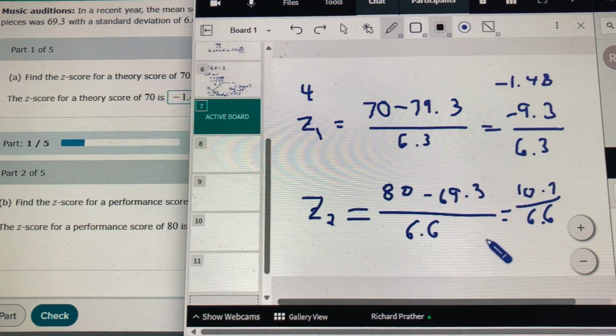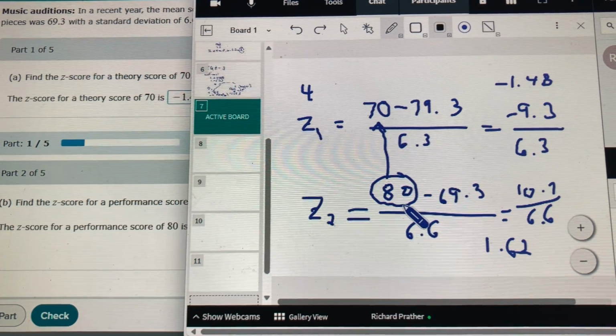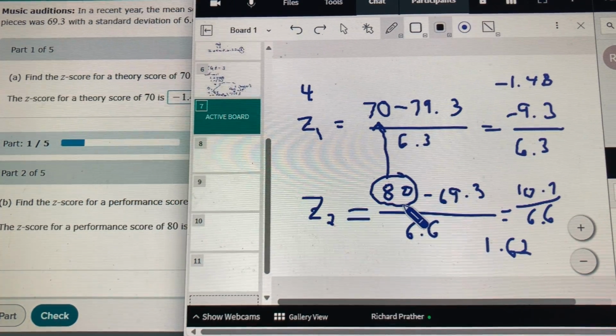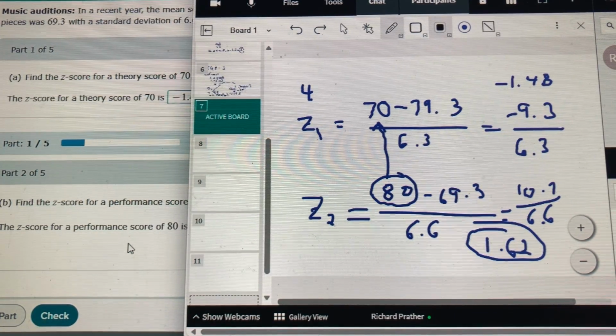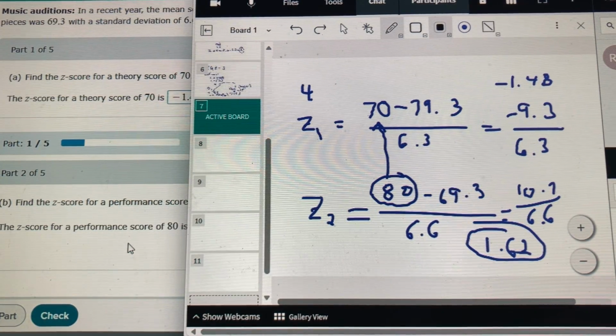So who's relatively better? It's not who has the better actual score. The second one's definitely better actually. 80 is better than 70. But sometimes the one with the better actual score has a lower z-score. Here it's actually still the higher one. But the lower actual score can have the higher z-score, and then we say it's relatively better. A 27 on the ACT might be better than an 800 on the SAT.